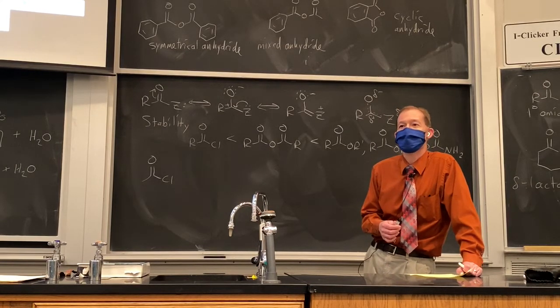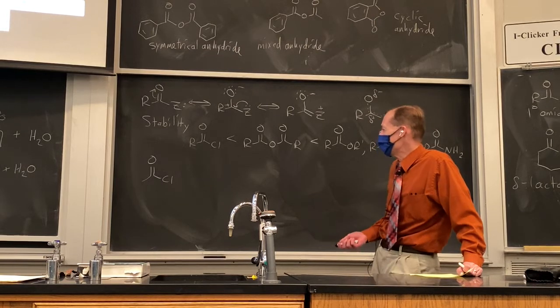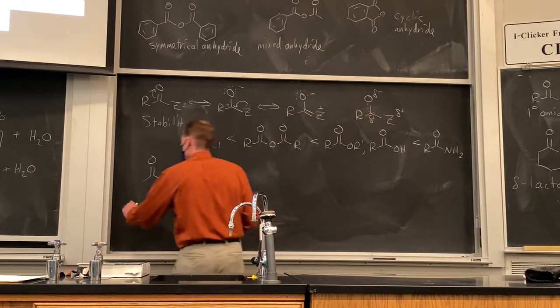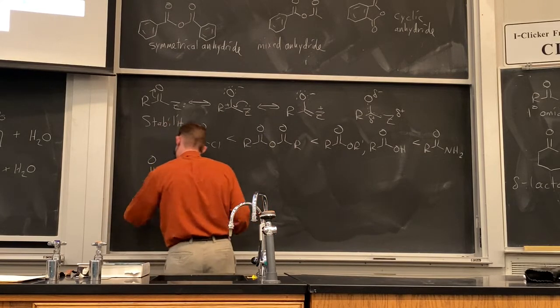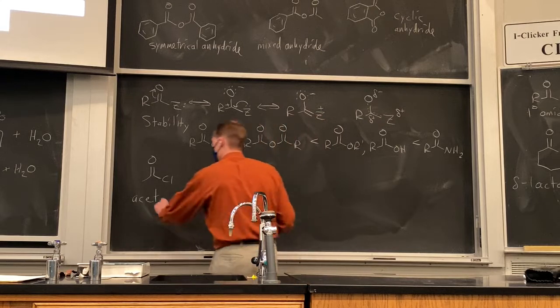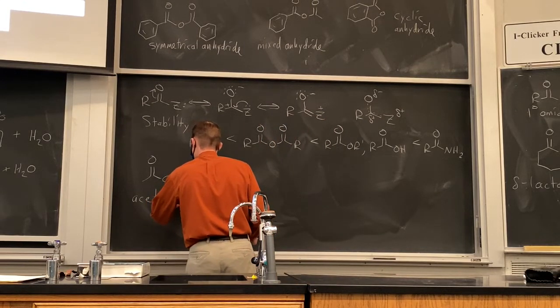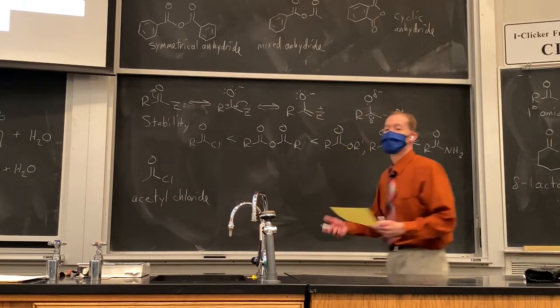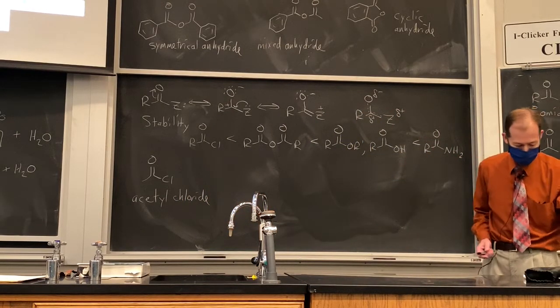What do we call it? Acetic acid. Okay, so acetic acid, we're going to drop the ic acid. So this is what we're left with when we drop the ic acid. And then we put yl chloride on the end. Okay, so this is acetyl chloride. Okay.